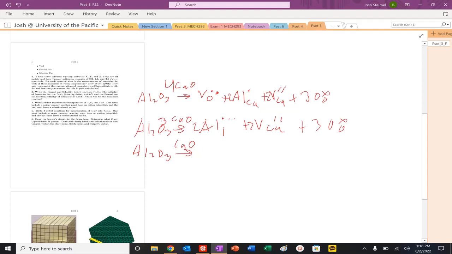And then finally, I need a substitutional cation. So I'll just do what I had previously, 2 Al on Ca, and then let's charge balance this with what we know how to do, but let's get a little bit tricky. How about plus an oxygen interstitial, and then this is an anion, they ask for cation interstitial there, 1, 2.